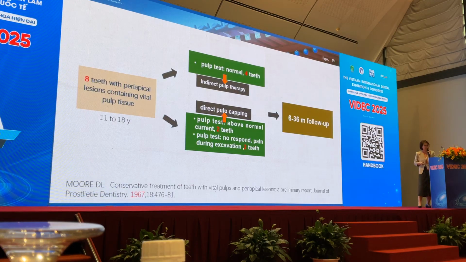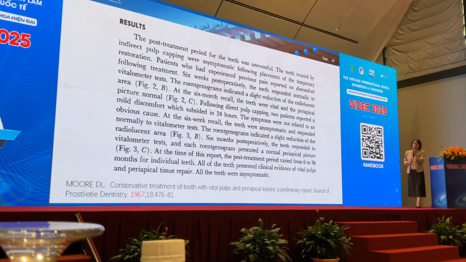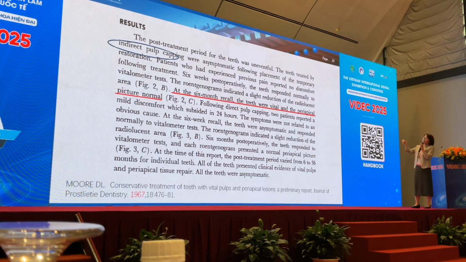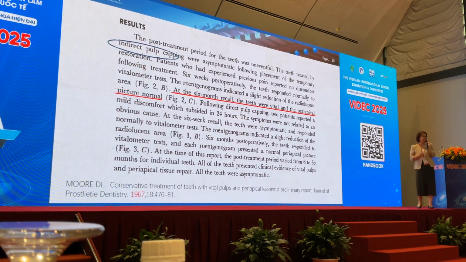How about the result? The last figure reports that for teeth treated with indirect pulp keeping or indirect pulp surgery at 6 months, the teeth were vital and the periapical picture normal. How about direct pulp keeping?